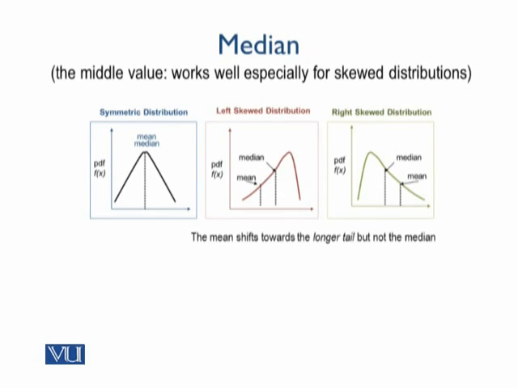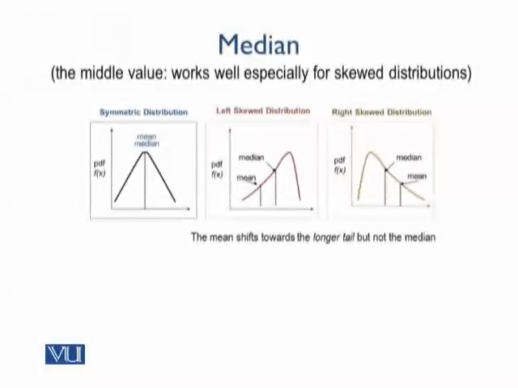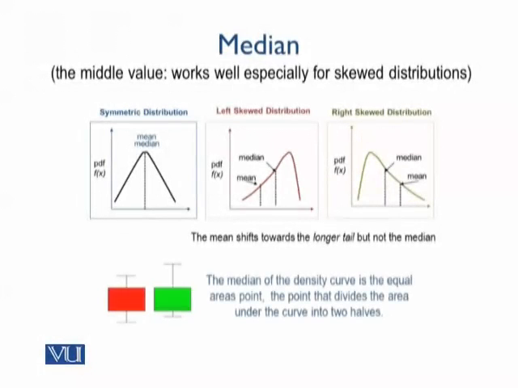And also, if we were to consider, like we considered for the arithmetic mean, the physical analogy, in this case the median would be the point that divides the density curve into equal areas. You have equal area on the right hand side of the median and equal area on the left hand side. We can also understand this because the area under the curve is defining the probability.